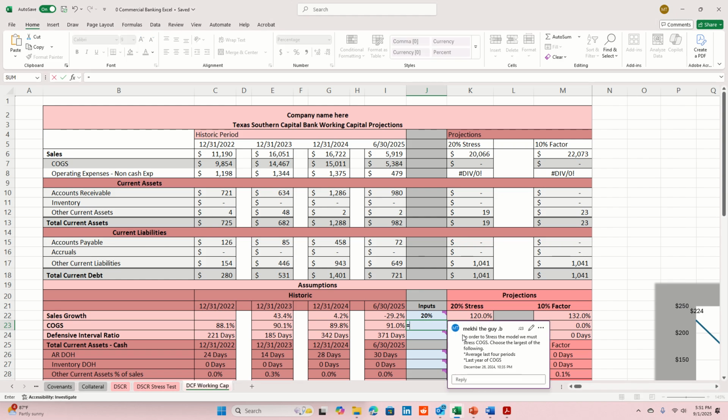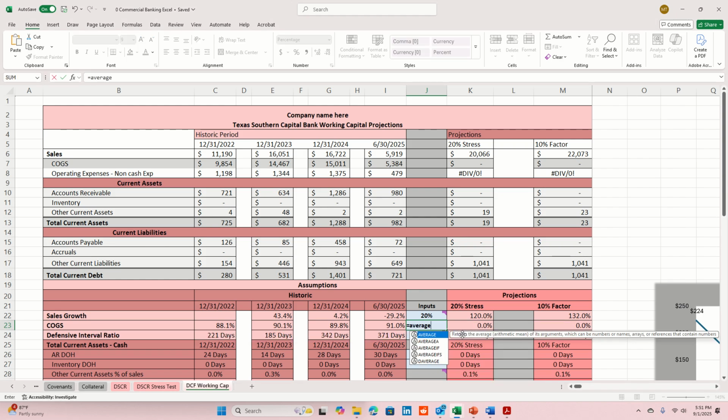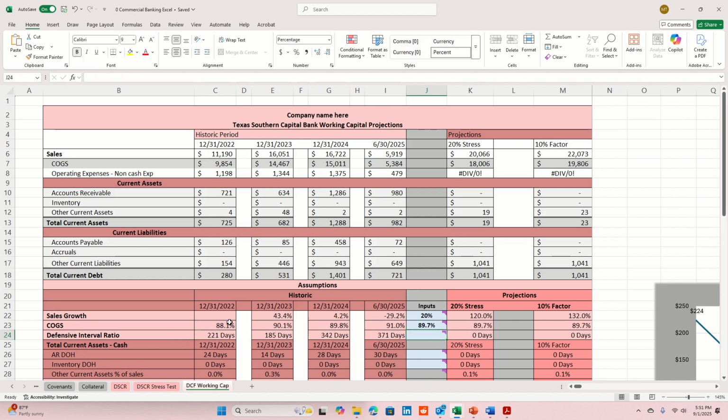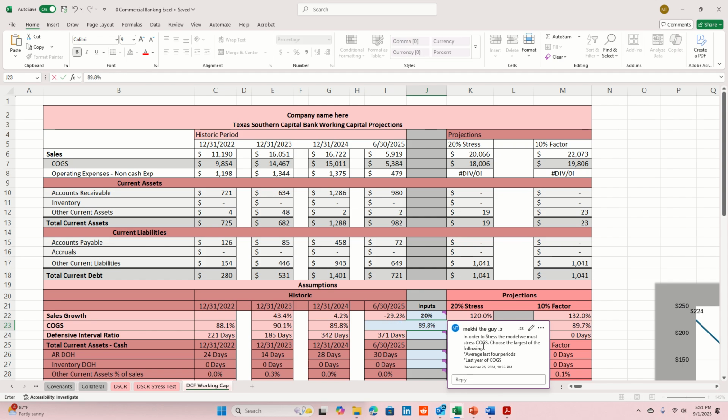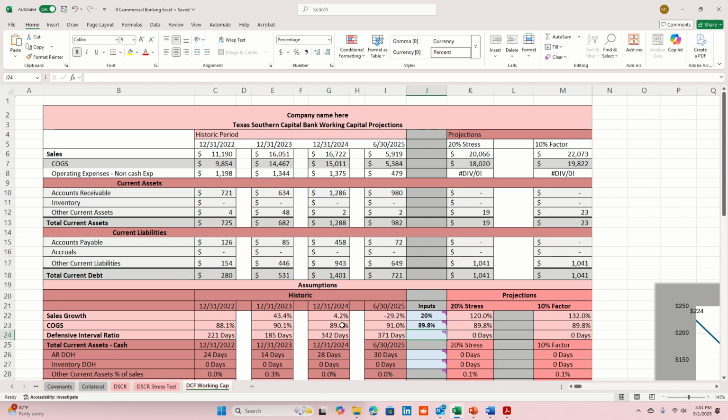So our average is 89.7%, which is smaller than 89.8%. So we're going to pick 89.8%, which is our most recent full year end of cost of goods sold.